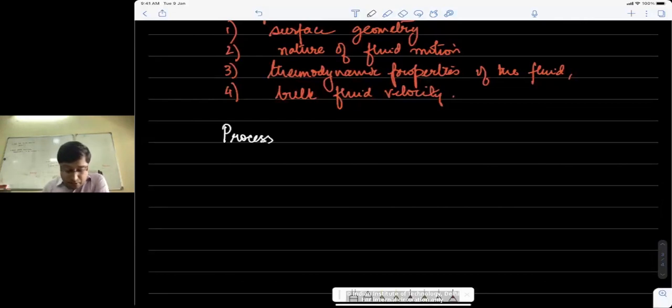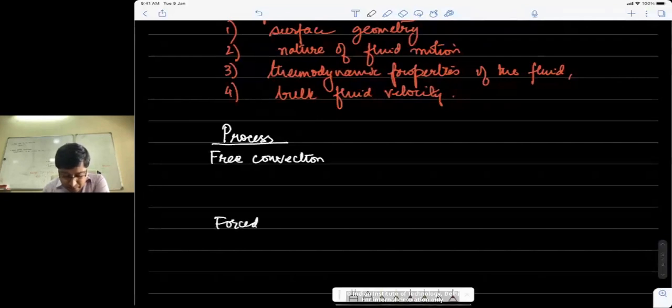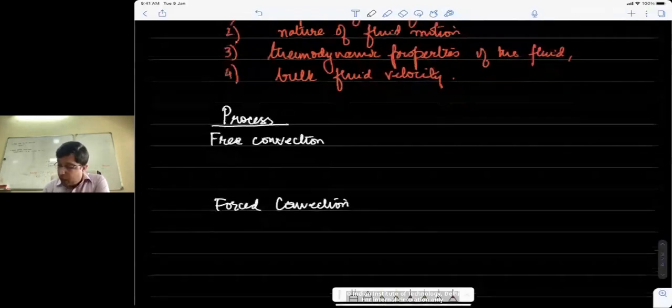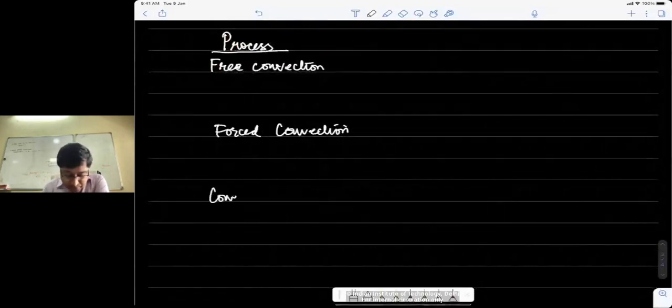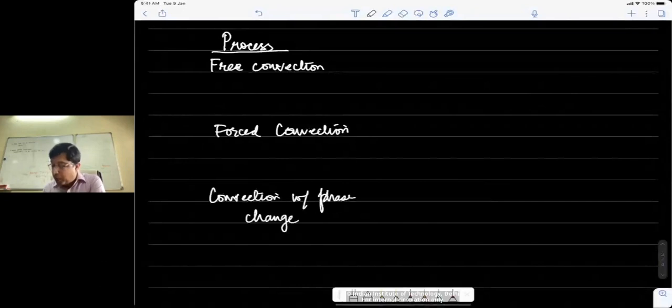The process could be free convection, maybe forced convection, and I can also talk about convection with phase change, which would mean boiling or condensation. And we can then write what would be a typical value of h.